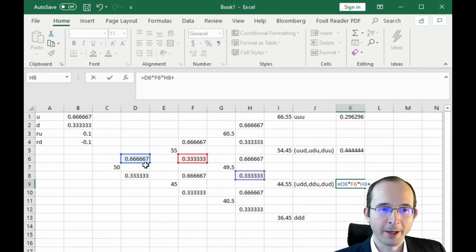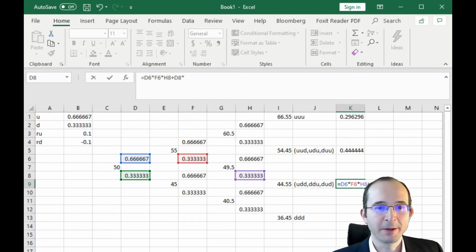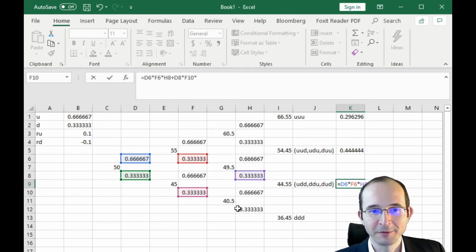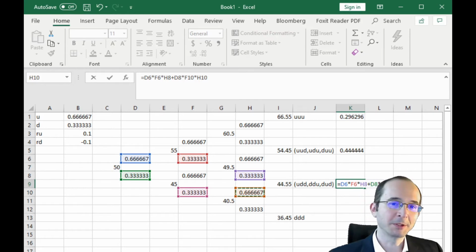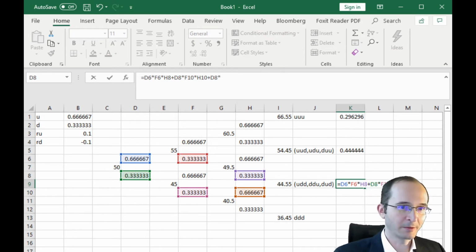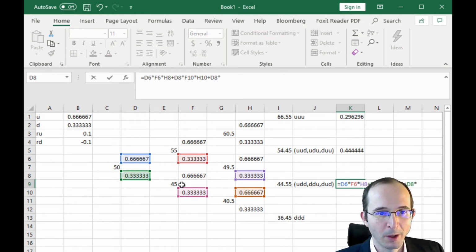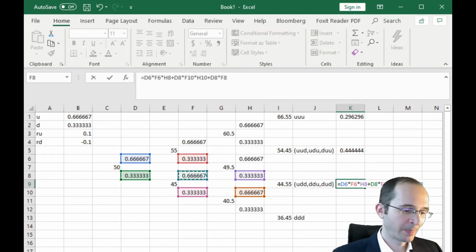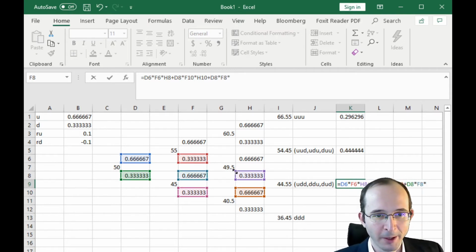You go down from 50 to 45, and then down from 45 to 40.5, and then up from 40.5 to 44.5. That would be the second. And finally, you go down, and then you go up to 49.5, and then you go down to 44.5. That's the third.